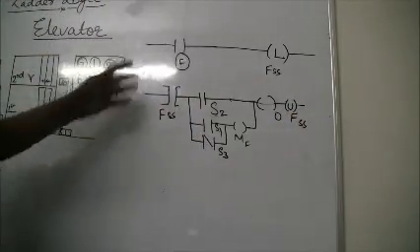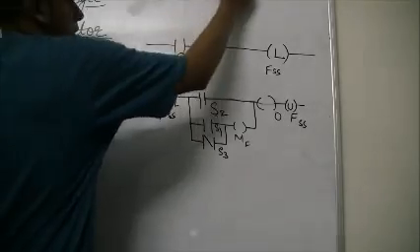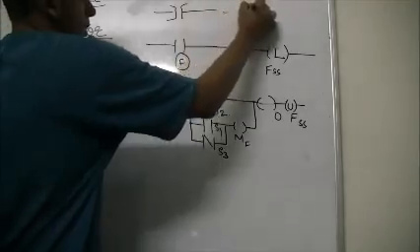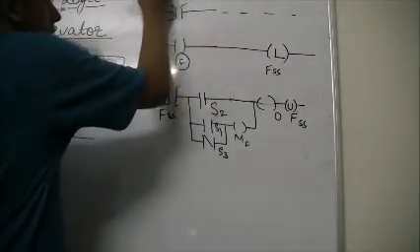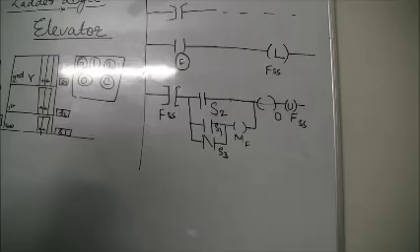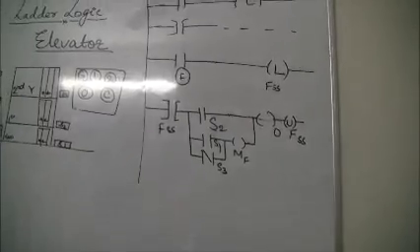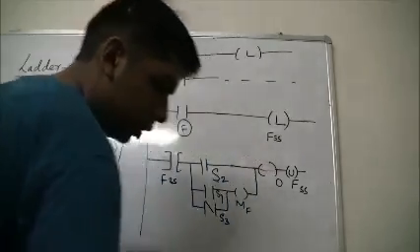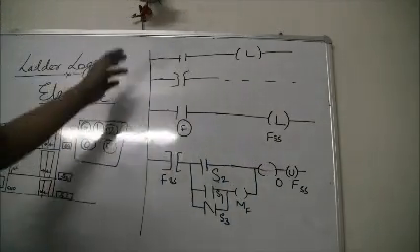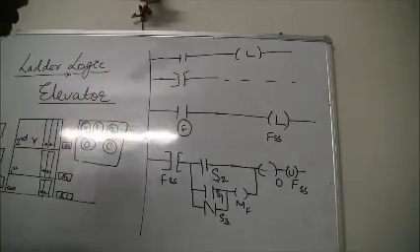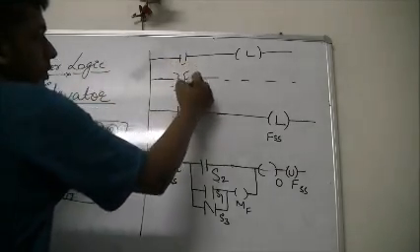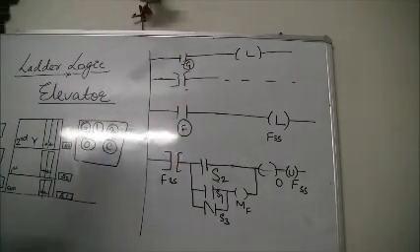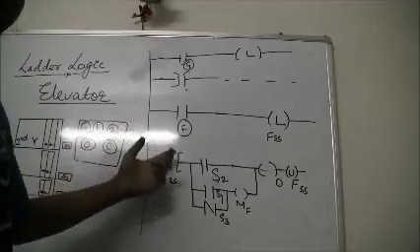If this was the previous one, the ground floor one, all of these would be in parallel to each other, and this would only be executed if either of the switches is on. So here we have the G switch, but the user presses only one, G or F, or maybe the second floor.